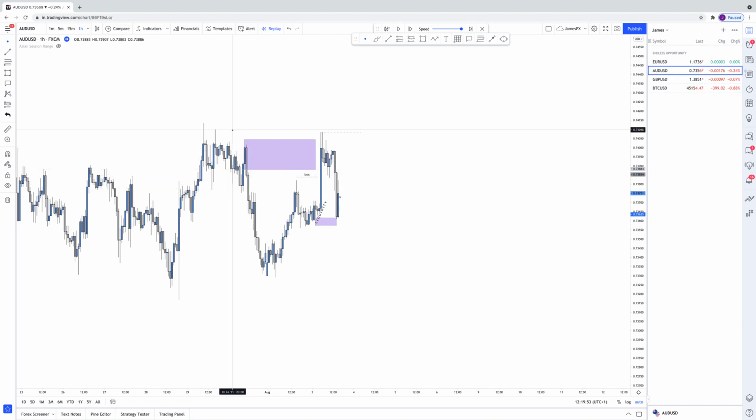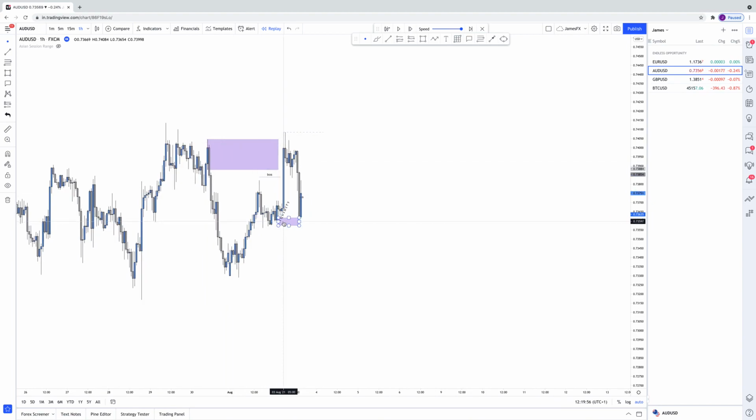Once price broke structure to the upside, we came in to mitigate this supply zone, and we actually broke above it. So you could say supply failed, that created demand. So it gives this demand zone a higher probability of playing out.